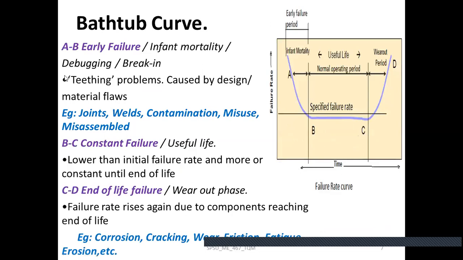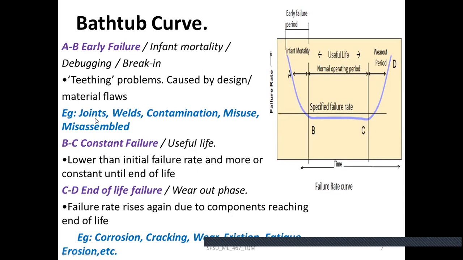So these are the details about the curve A to B. It is also called early failure, infant mortality, debugging, or breaking in. So there are different names. It may be a teething problem, caused by design or material flaws. These are the reasons behind the early failures.